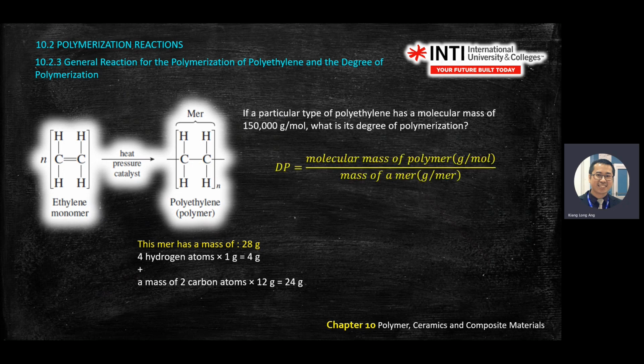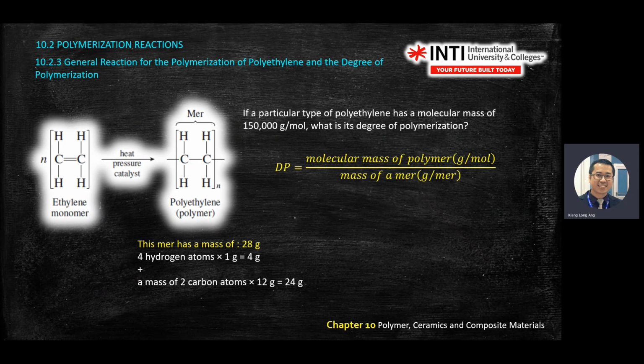So you calculate. Degree of polymerization equals the molecular mass, or you can write it in the linear form also. This is quite straightforward. DP equals the big polymer molecular mass divided by the individual mer. So you take the polymer divided by the mer, both in molecular weight, then you get your DP.